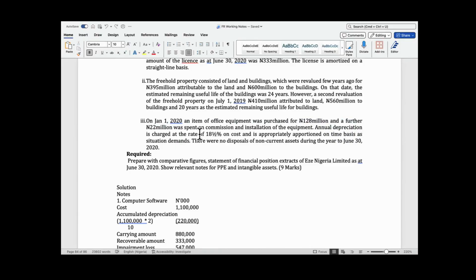Annual depreciation is charged at the rate of 8.5% on cost and is appropriately apportioned on a time basis as situation demands. There was no disposal of non-current assets during the year end.